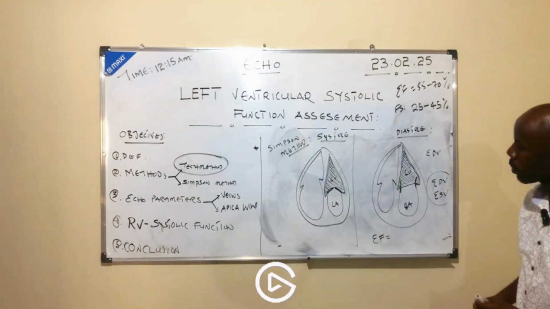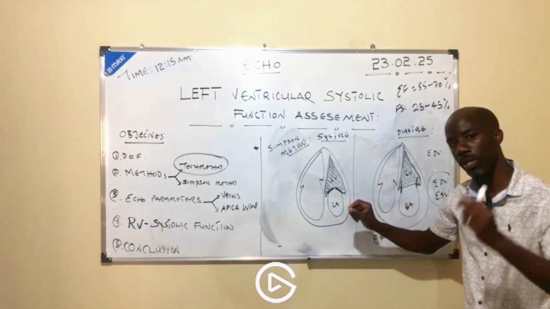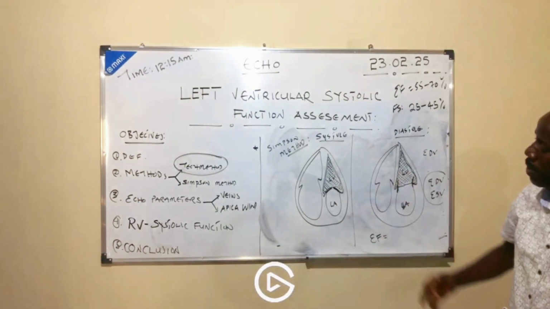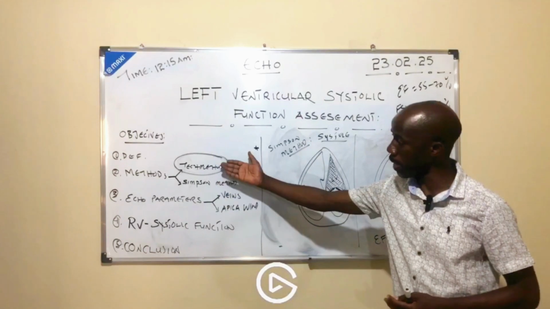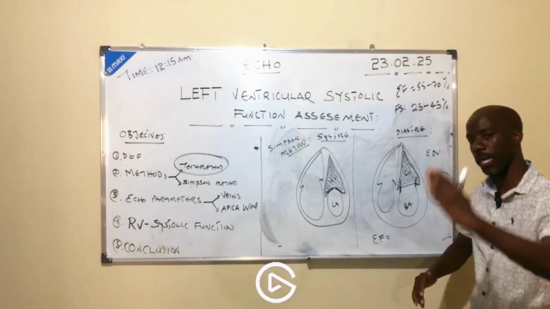In the Simpson method, you also have to consider that you don't trace or include other structures that come into the chambers. Another thing you need to pay much attention to is the technique and the view, and also the plane in which you are cutting.